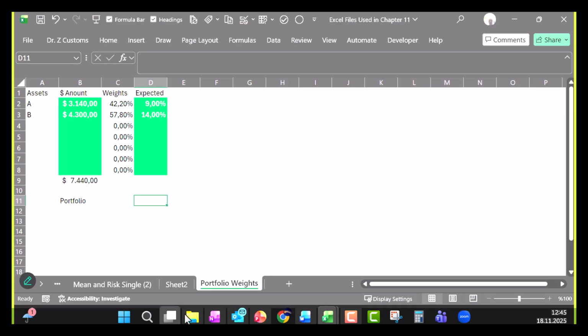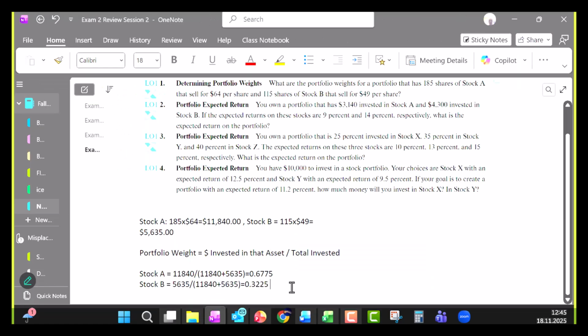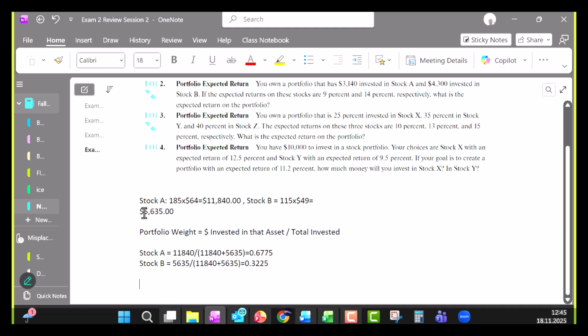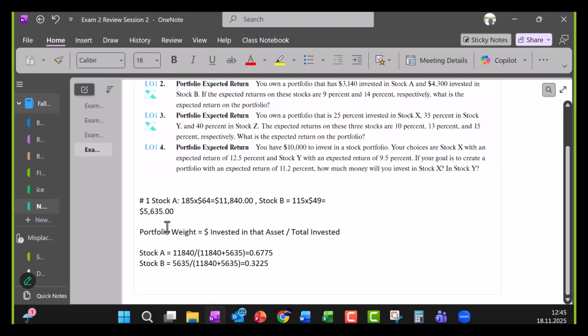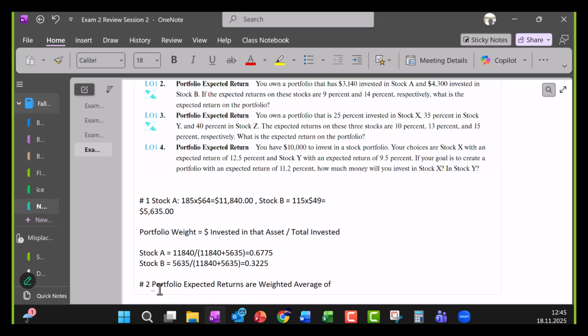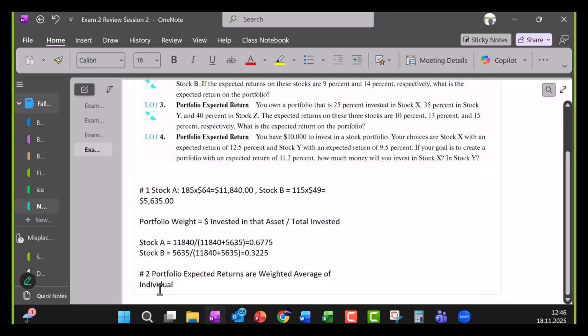Nice thing about portfolios, let me write it here in the notes. Portfolio expected returns are the weighted average of individual expected returns using portfolio weights.